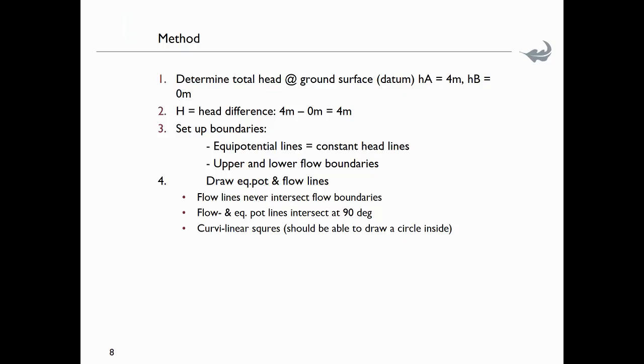Equipotential lines are the same as constant head lines, and you have an upper and lower flow boundary, and then you start drawing the equipotential and flow lines. These flow lines can never intersect the flow boundaries, and the flow lines and the equipotential lines should intersect at 90 degrees. And these are curvilinear squares, and therefore you should be able to draw a circle inside.